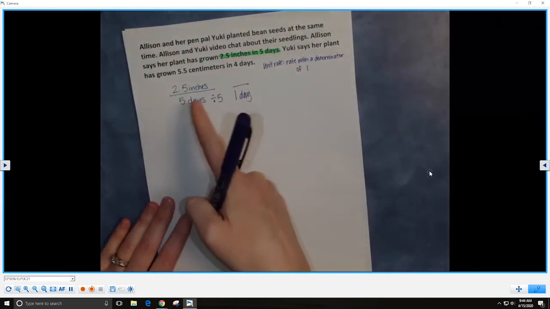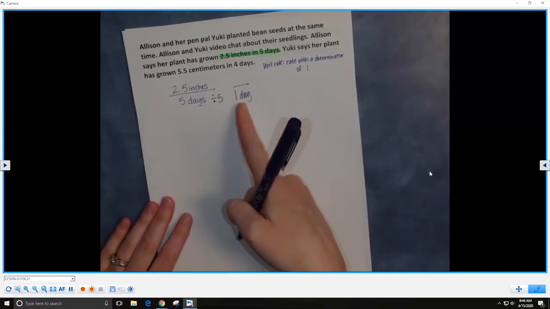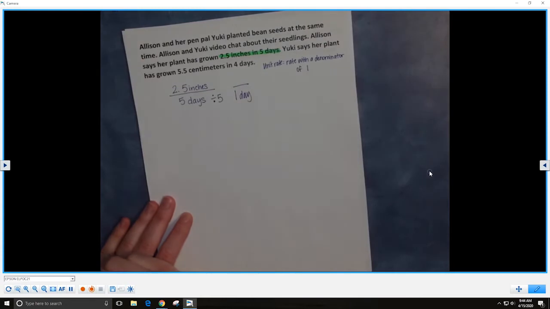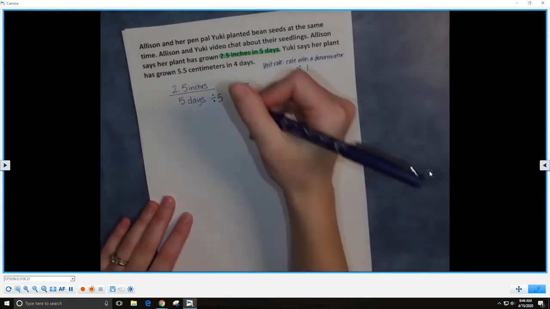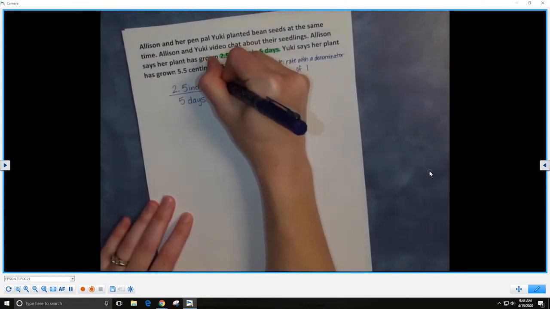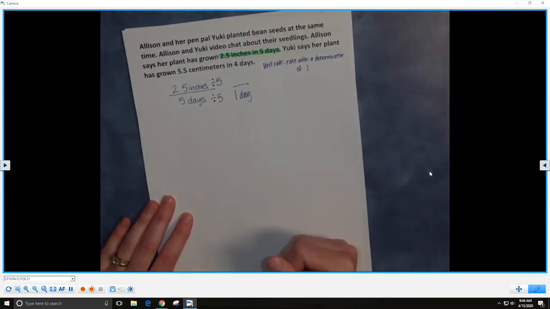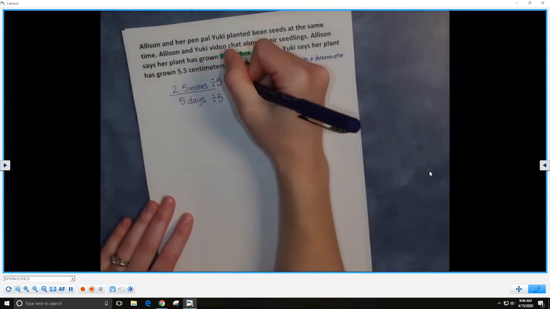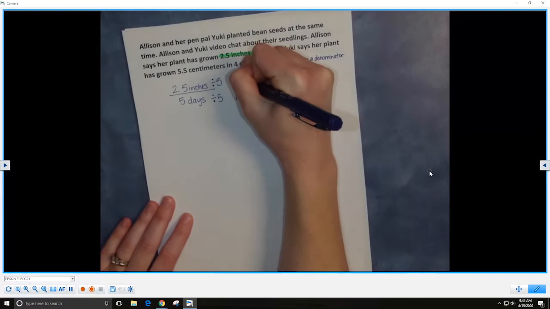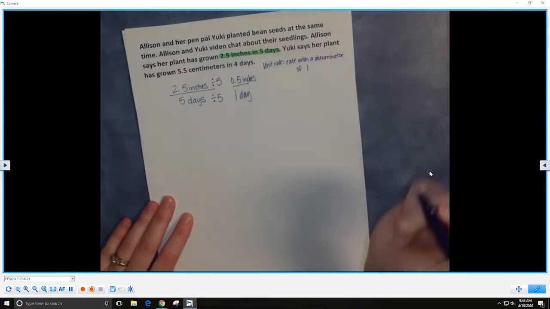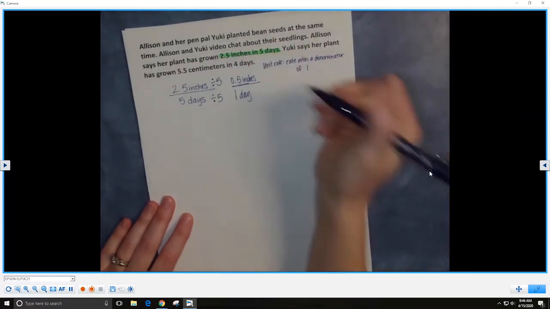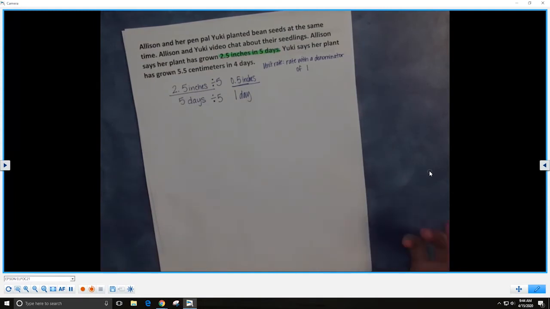So 5 days divided by 5 gives us a denominator of 1 day. To make sure that we're creating an equivalent ratio, we have to also divide the numerator by 5. Once we've done that, we get 1/2 inches. So we have our unit rate, 1/2 an inch, every 1 day.